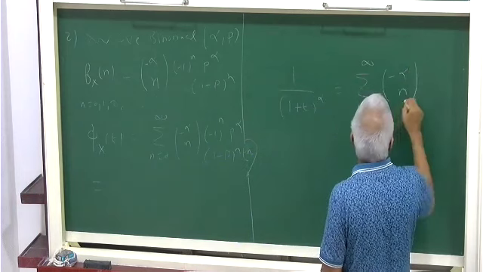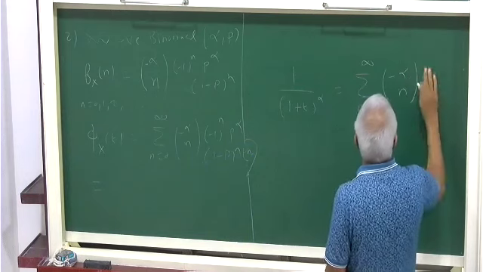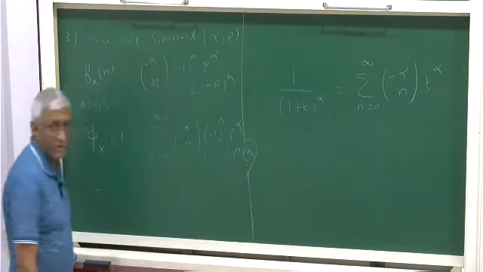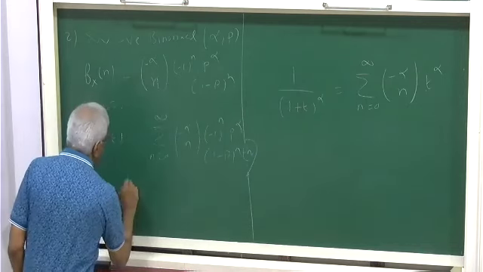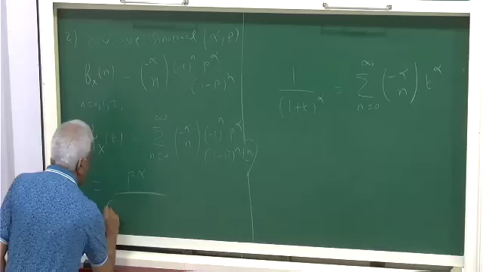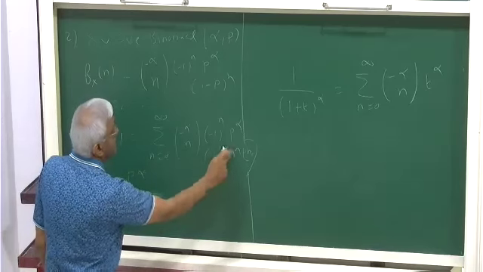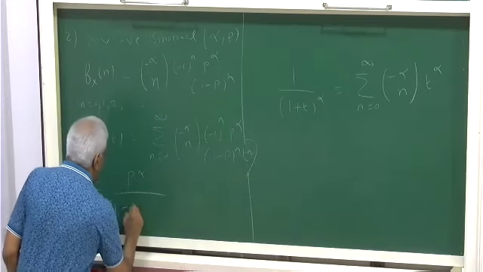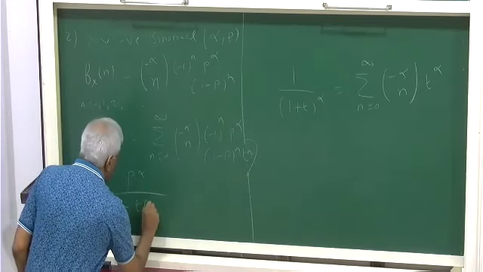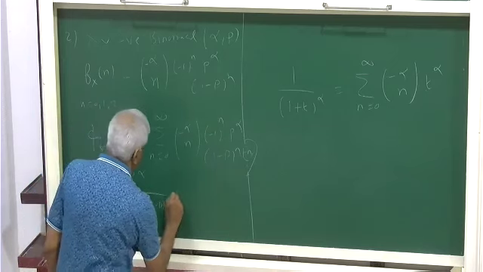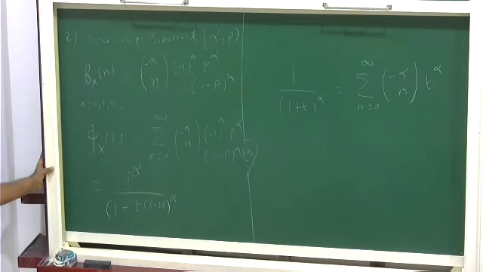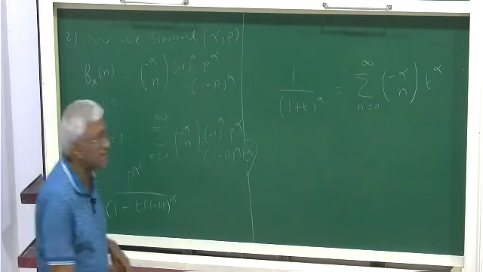If you use that formula, you get p power alpha, and I club the 1 minus p power n and t power n together, which gives p power alpha by 1 minus t times 1 minus p, power alpha. I just use Taylor's series formula, and then I get this.